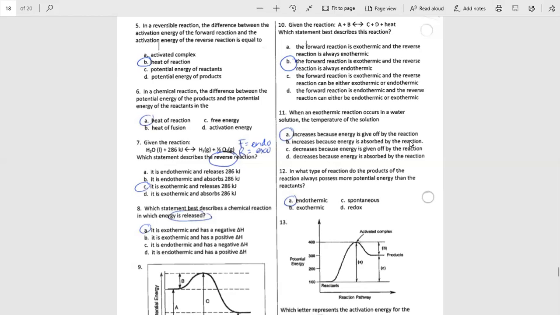Okay, so number five, in a reversible reaction, this one's also hard. The difference between activation energy of the forward reaction, which is right here, and the activation energy of the reverse reaction, which is right here.